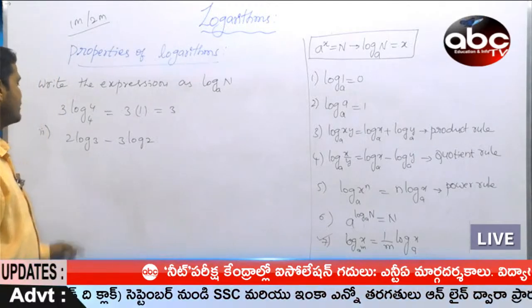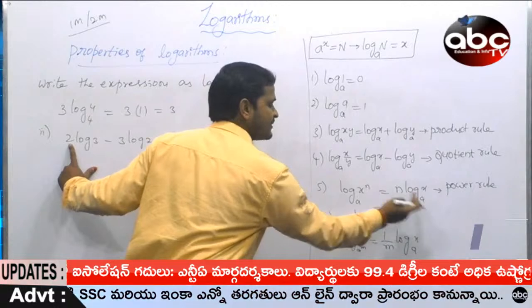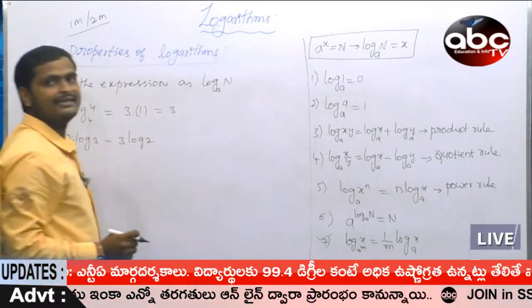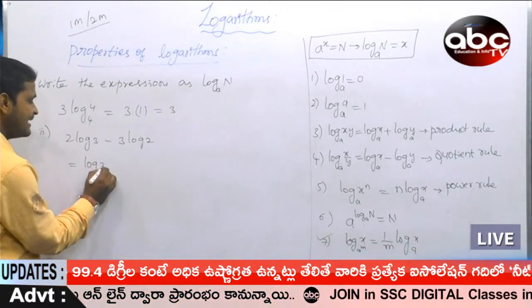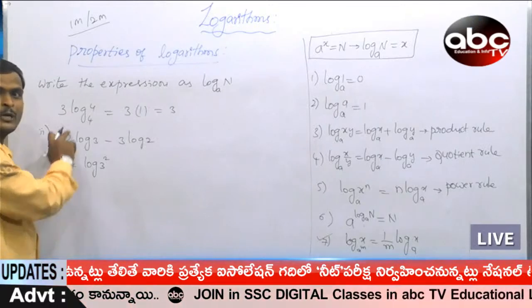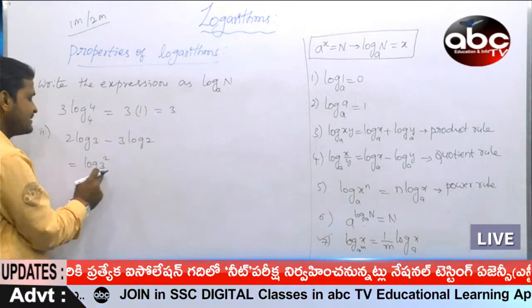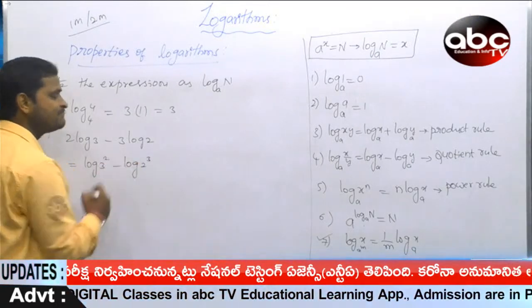right? Already know, students, observe here, n into log x base a, then you can write log x power n. Okay, first convert log 3, what is the coefficient here? 2, then the coefficient becomes the power, log 3 power 2 minus log 2 power 3.